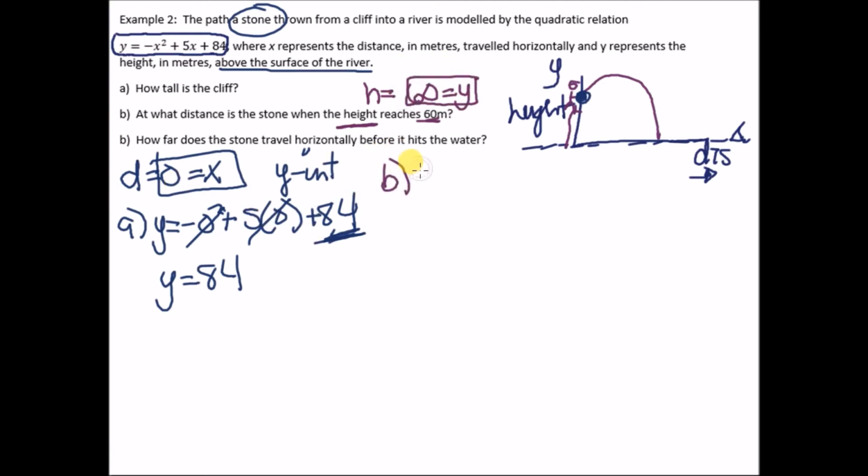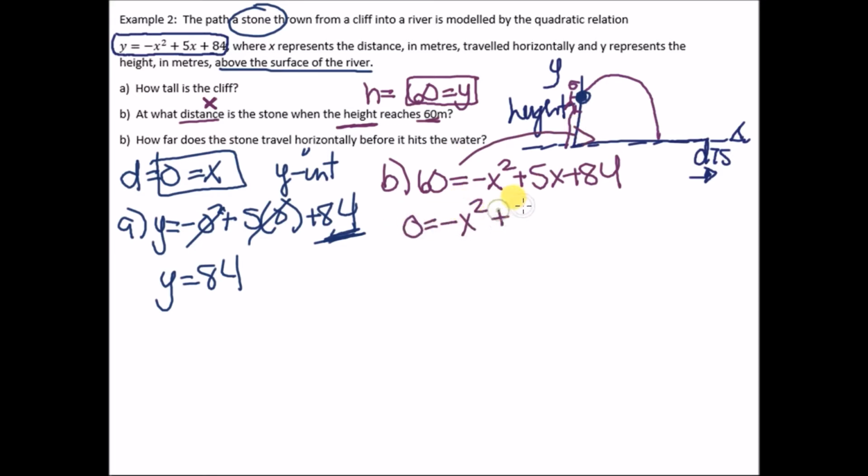We're going to sub 60 in for y and solve for x. So let's move the 60 over here: 0 equals negative x squared plus 5x plus 84 minus 60.